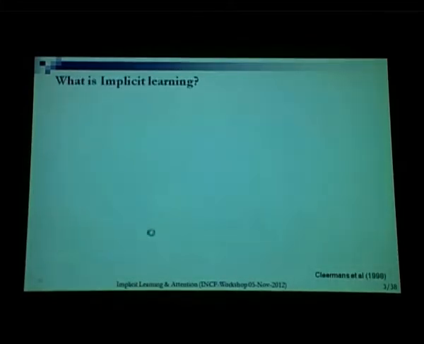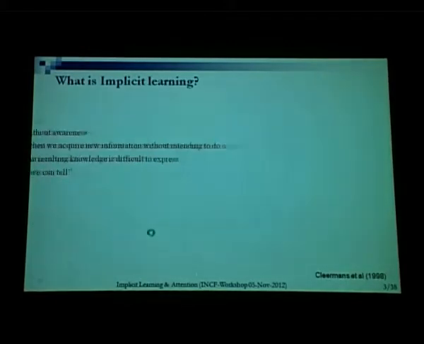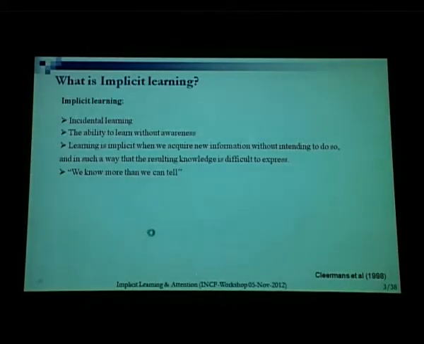So what is implicit learning? Well, it has been quite hard to define, and I am quoting this from an old survey by Axel Cleeremans, but the situation remains pretty much similar even at this point.